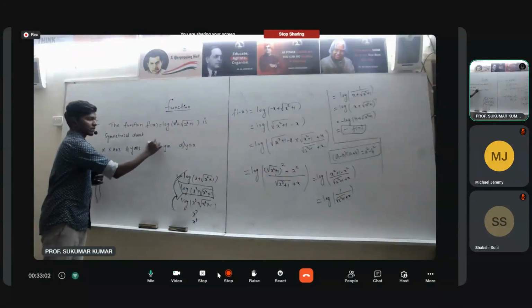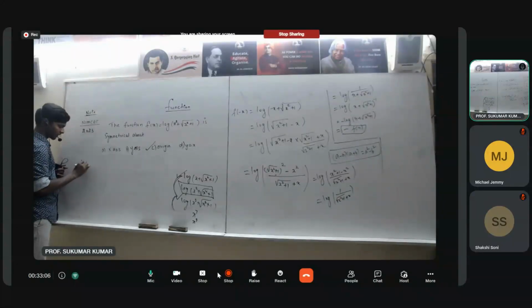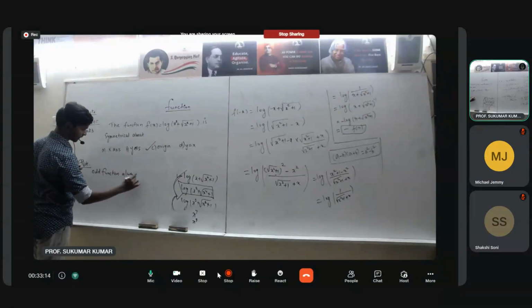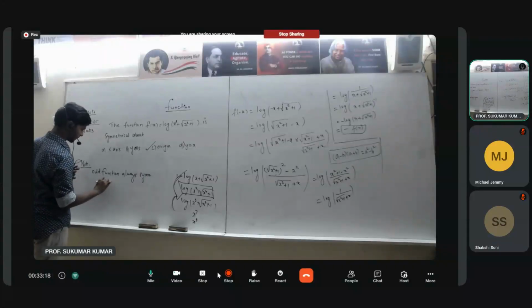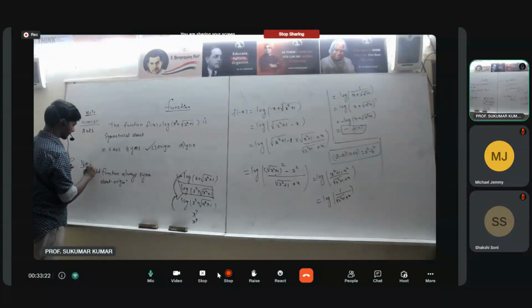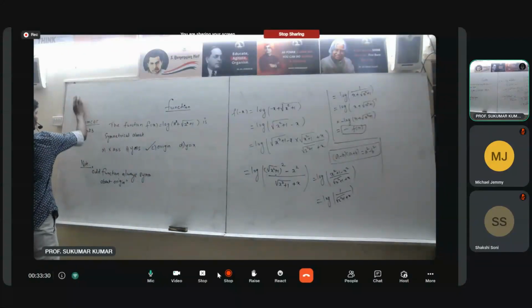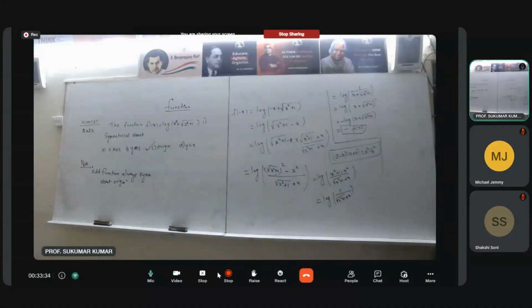Odd function means always symmetric about the origin. Okay. Got it? Copied.